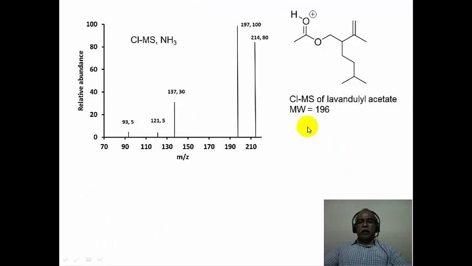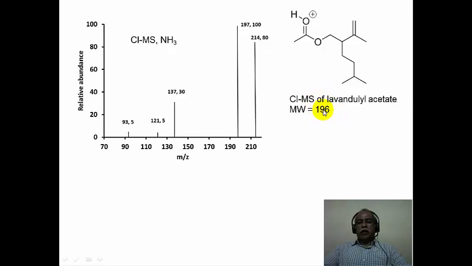Now, when the compound is used for chemical ionization mass spectrum using ammonia as the reagent gas, there are two peaks formed. This is the protonated species, which is the base peak, 197 mass units, 100% relative abundance, for example. The other is about 18 mass units more than the molecular ion peak.